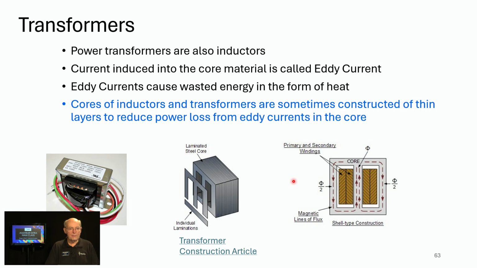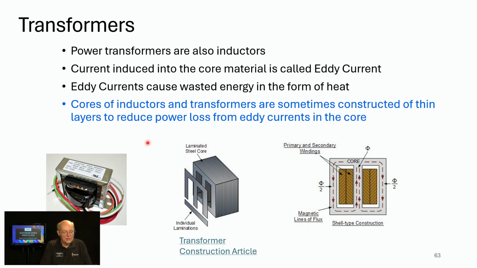The iron core improves the coupling between the primary and secondary, but at the same time, this iron core is the equivalent of a one-loop coil that's shorted out. So we're actually inducing some current into the core as a result of energizing the transformer. Those currents are called eddy currents, and it's the goal of the people that manufacture transformers to minimize that because they waste energy as heat.